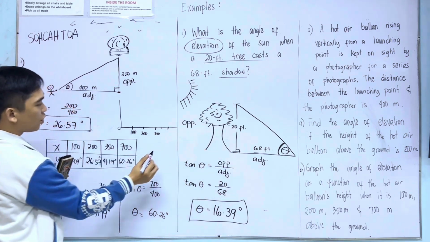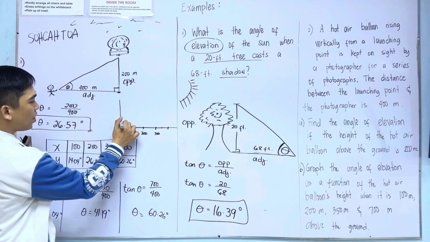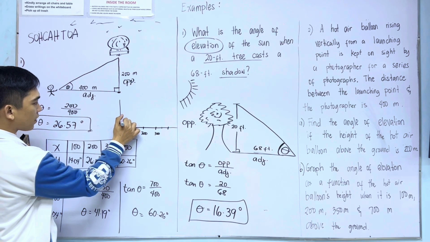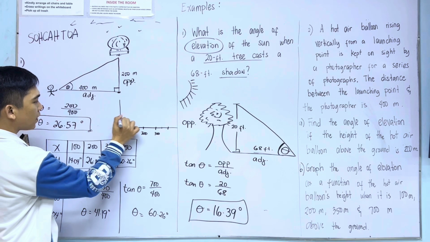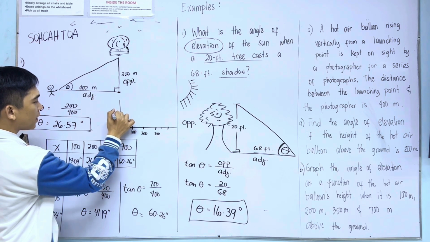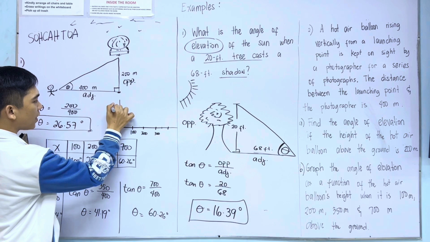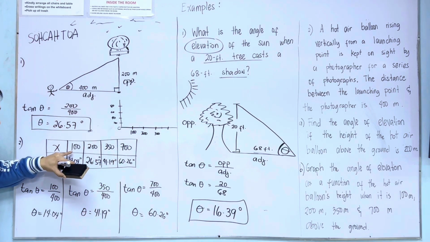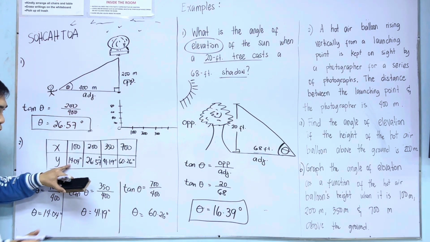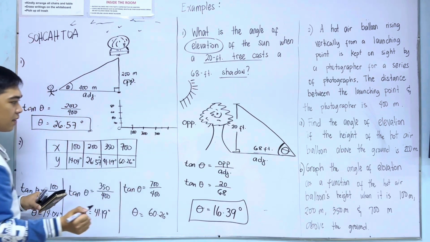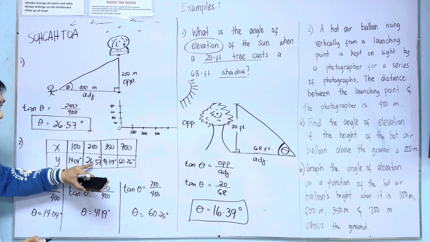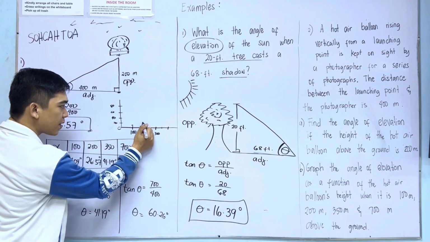Tapos dito, let's say, tig 20. 20, 40, 60, 80. Dito sa 100, 14.04. So, bago mag-20, bago mag-15. Sa 200, 26.57. So, lagpas ng 20.